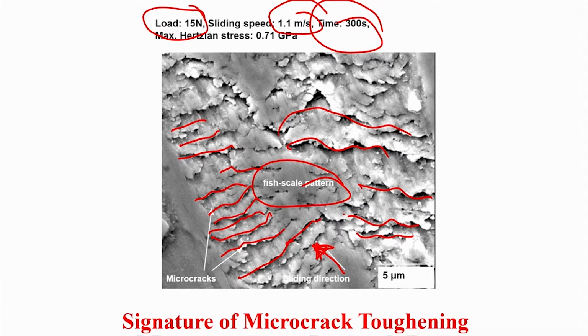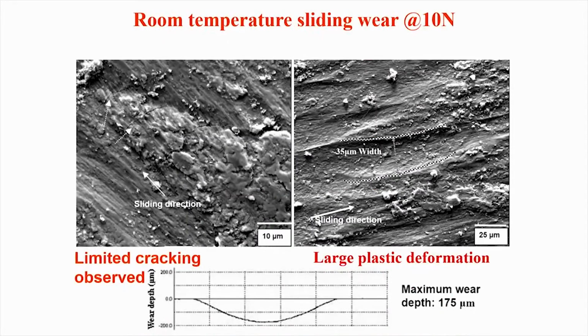It is like 300 seconds, 5 minutes of sliding. If you continuously do this sliding, it is expected that this fish scale pattern can grow significantly, leading to the formation of a macro crack which can extend to a much larger length.